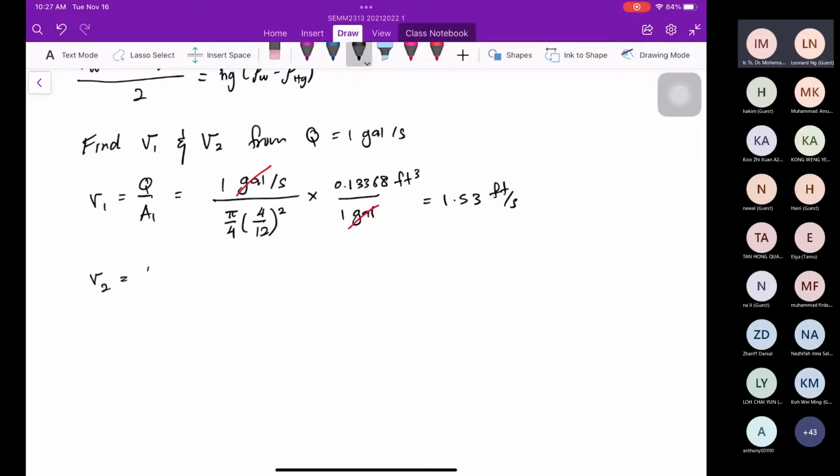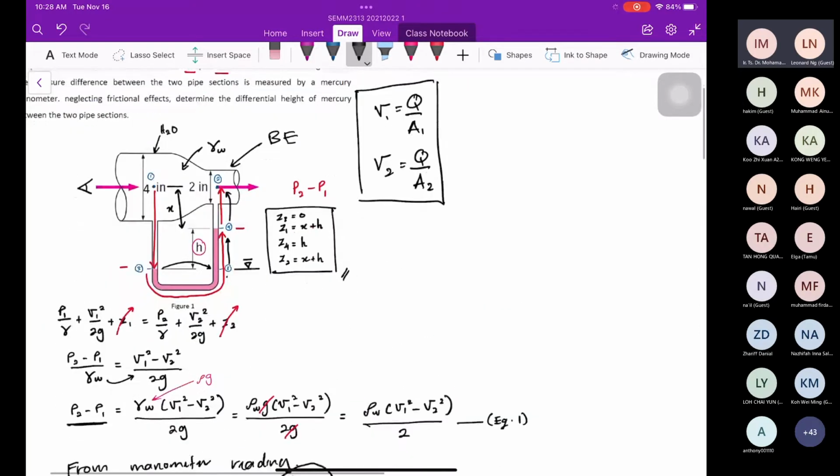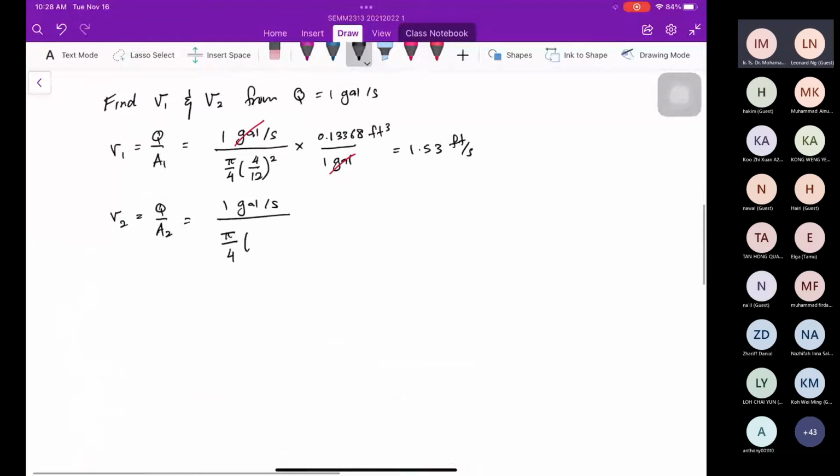And V2 the same, Q over A2, which is 1 gallon per second divided with area. Area is 2 inch. I convert into feet. 2 divided with 12, squared, multiply with 1 gallon of water equal to 0.13364 feet cube. You will have 6.13 feet per second.